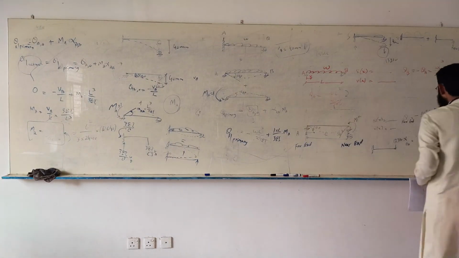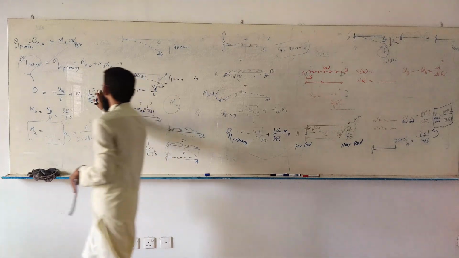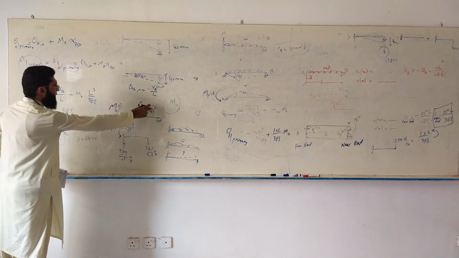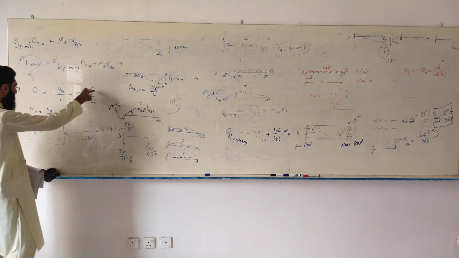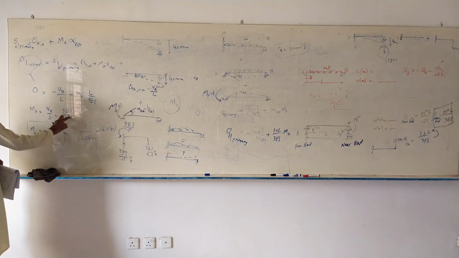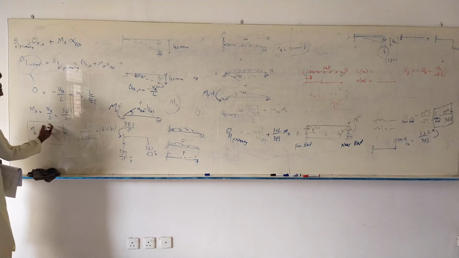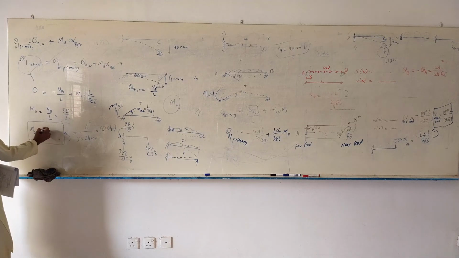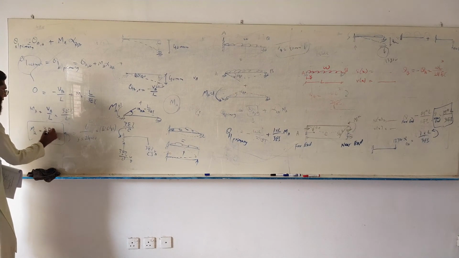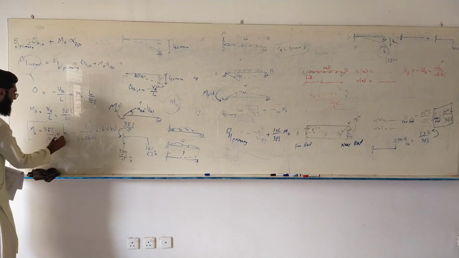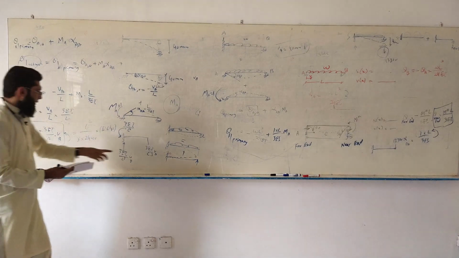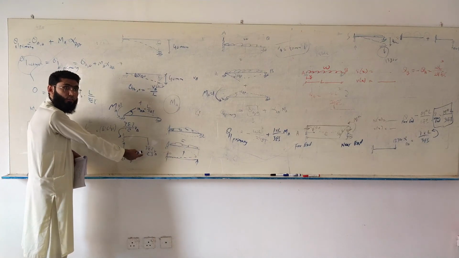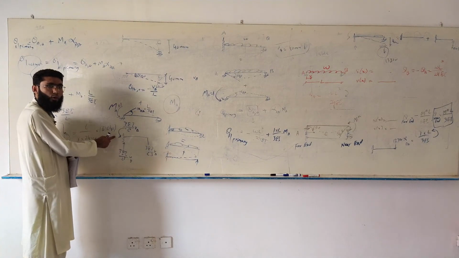This is just L. This is not L cube, this is just L. So you should end up with 3EI over L squared times VB. And this is the same answer that you can get from here. This force multiplied by L, you will get this moment.